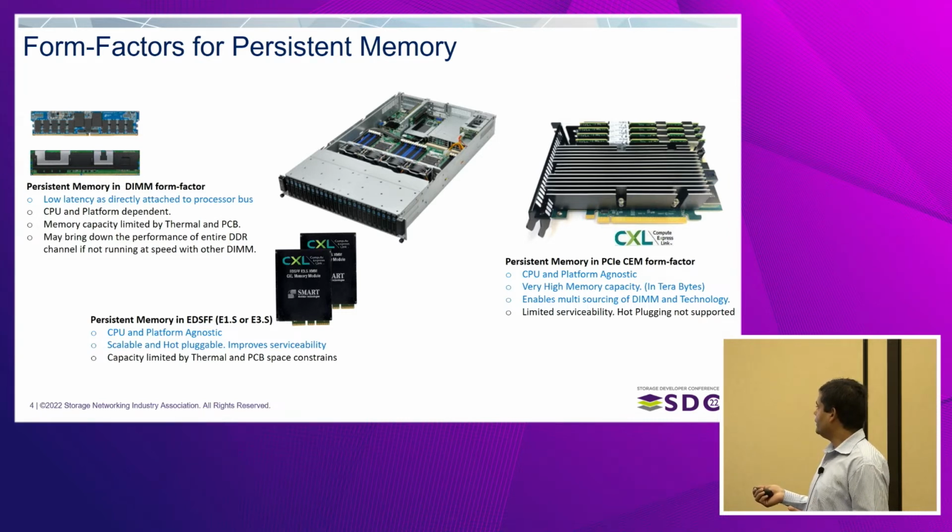The other aspect is you get very high memory capacity. Why? This form factor can support two types of implementations. The one which I showed is you can connect DIMMs, or you can have soldered down components on the board itself. So either way, because of the PCB real estate, you get enough room to pack in high density DRAMs on it.